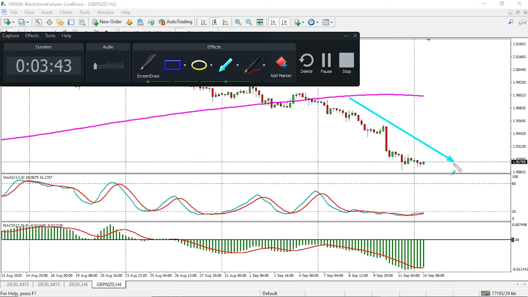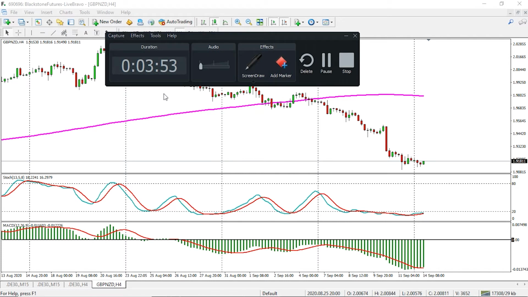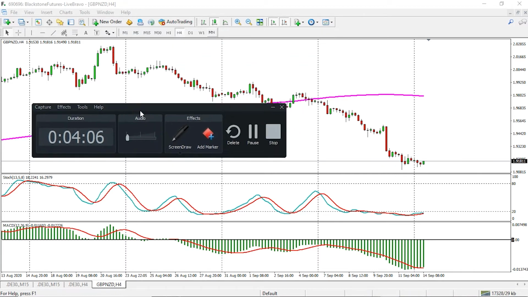Likewise, if price is above the moving average on the 4-hour chart, I want it to look very similar on the hourly chart. That tells me that both the medium-term trend and the immediate trend are in a very similar aspect, so both looking to go short on both of them.